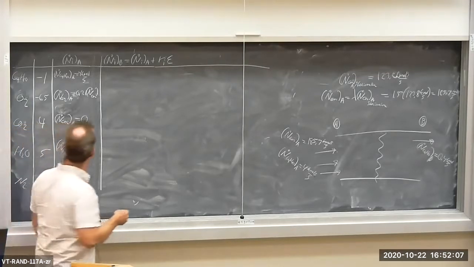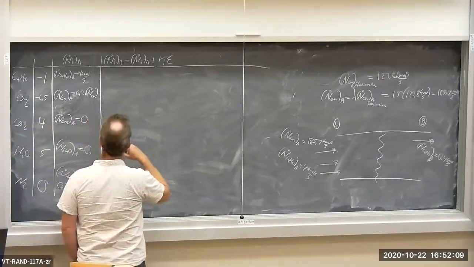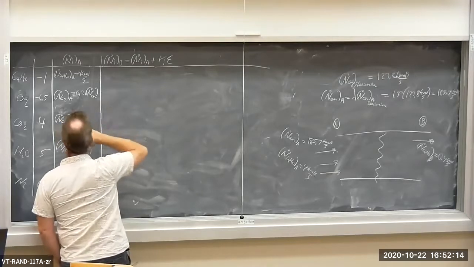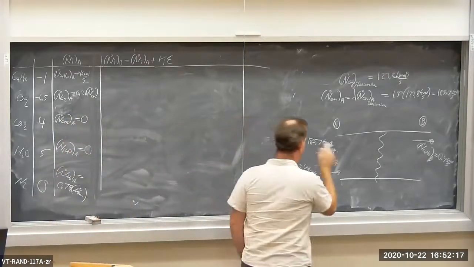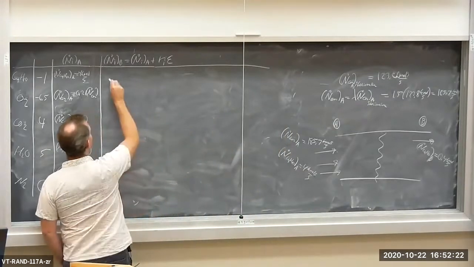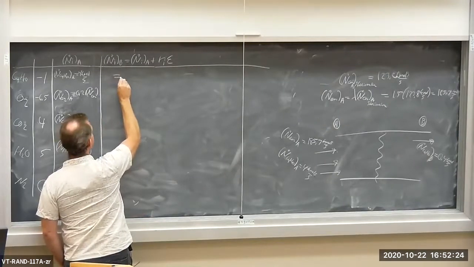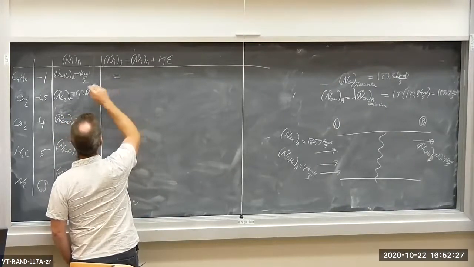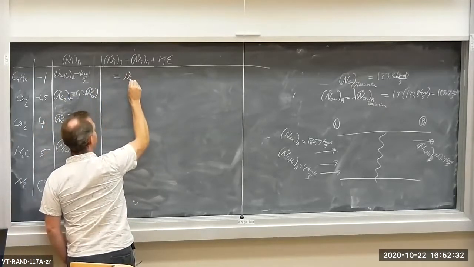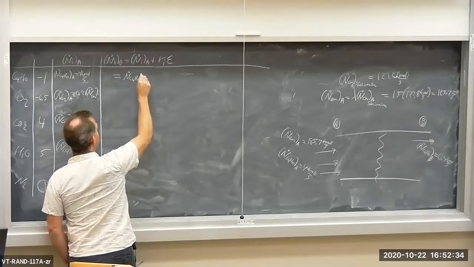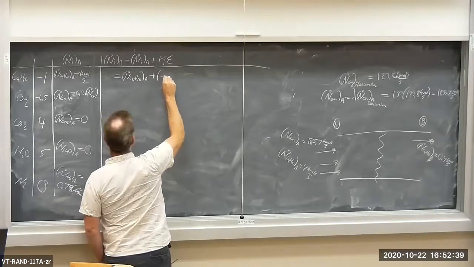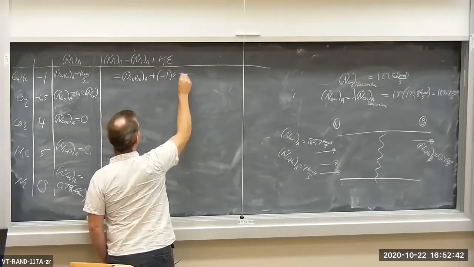Okay, let's proceed and start working on the product composition. The outlet flow rate for the fuel is going to be equal to n dot C4H10 at the inlet plus the stoichiometric coefficient, -1, times the reaction coordinate.